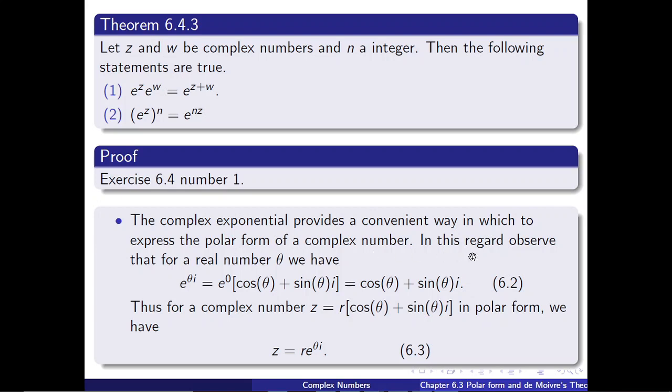In this regard, we observe that for a real number theta, we have e to the theta i is equal to e to the 0 times cos theta plus sine theta i, right? Because if we think about theta as a real number, it can be written as 0 plus theta i, right?